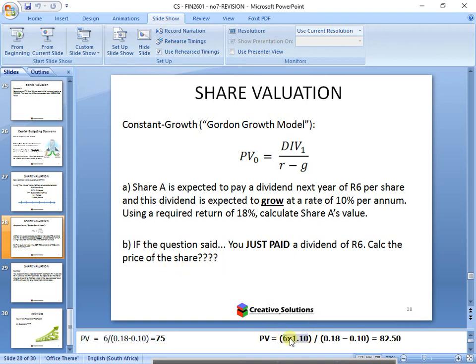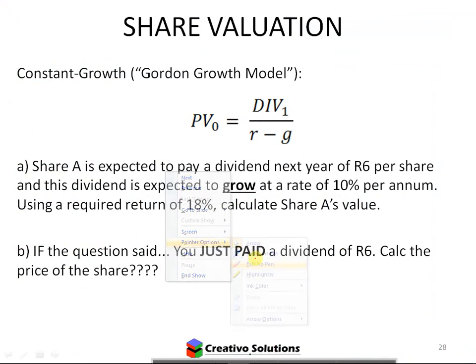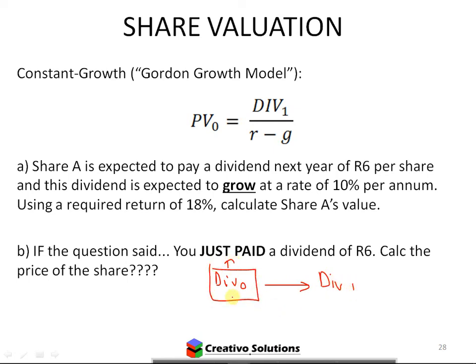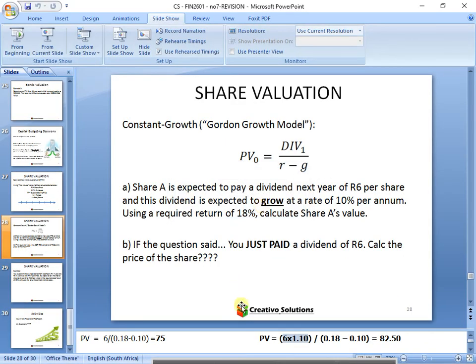And B, if the question said you just paid a dividend, calculate the price of the share, then you would have to do that. Just paid means that's div 0. Remember div 0 needs to be compounded to div 1. So just paid means the 6 Rand is there. To get to div 1, I need to times the 6 by 1,10. That will give me 6 Rand 60, which is div 1. So just be careful with the wording. The wording is important. We looked at it in the assignment last time.